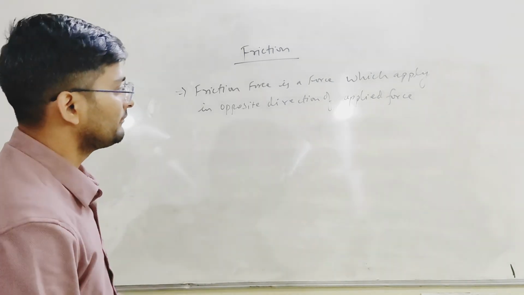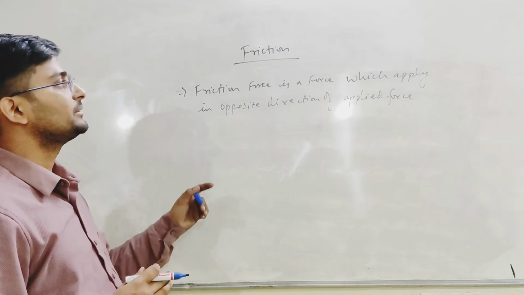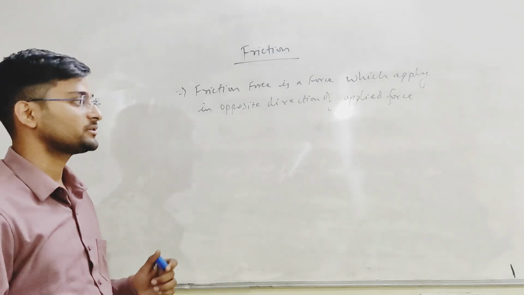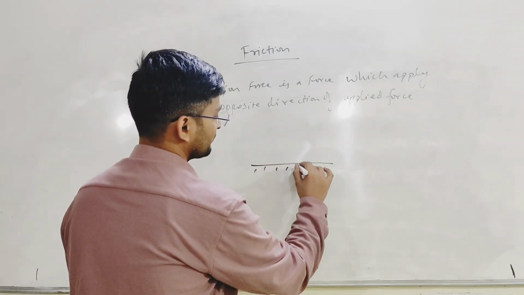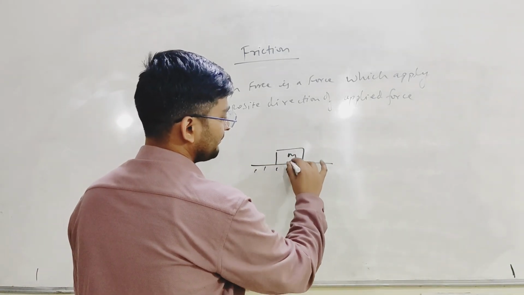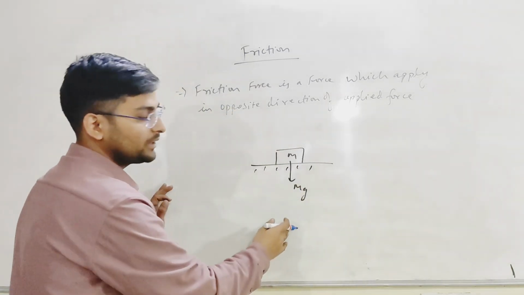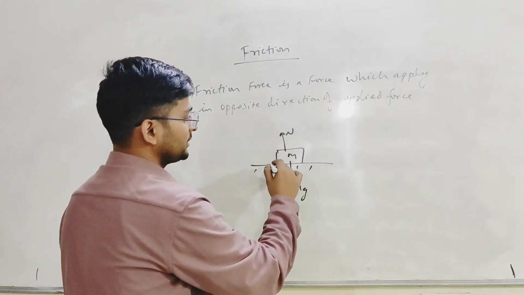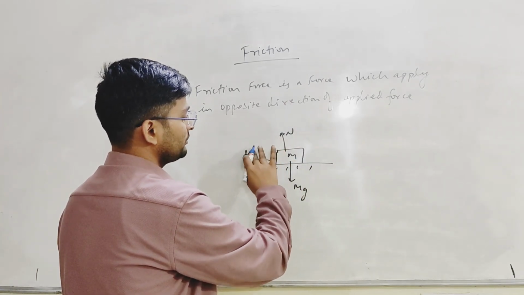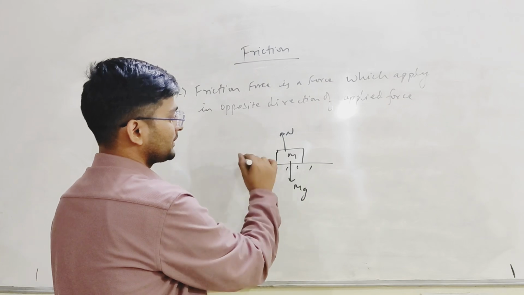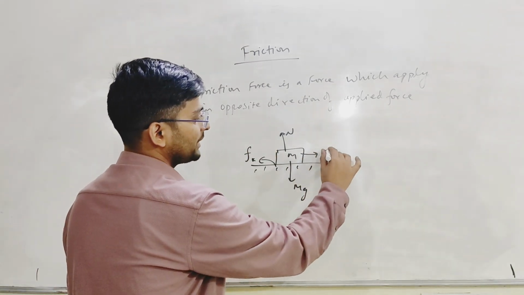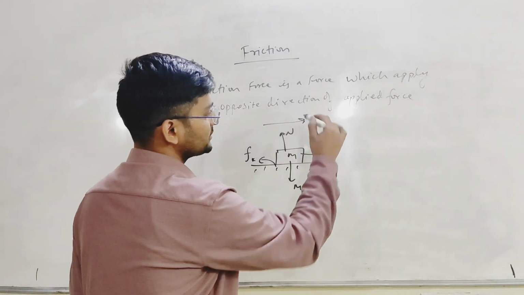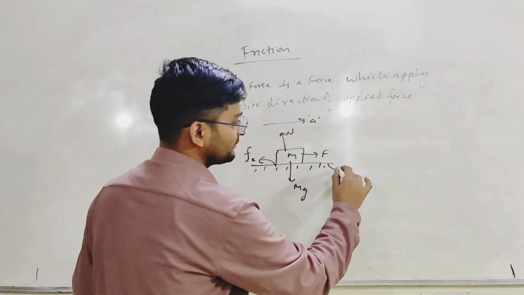Now when we draw a free body diagram for a simple mass which is kept on the rough surface, not a horizontal surface, this is a mass m, here mg applied downward, and normal reaction just opposite to mg. Now here is the mu, it means here is the friction force when we apply a force on this mass, right? And this mass has acceleration a. This is the rough surface.